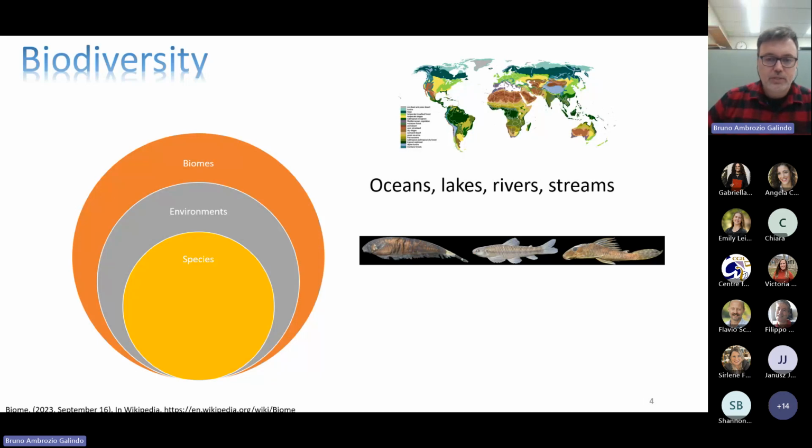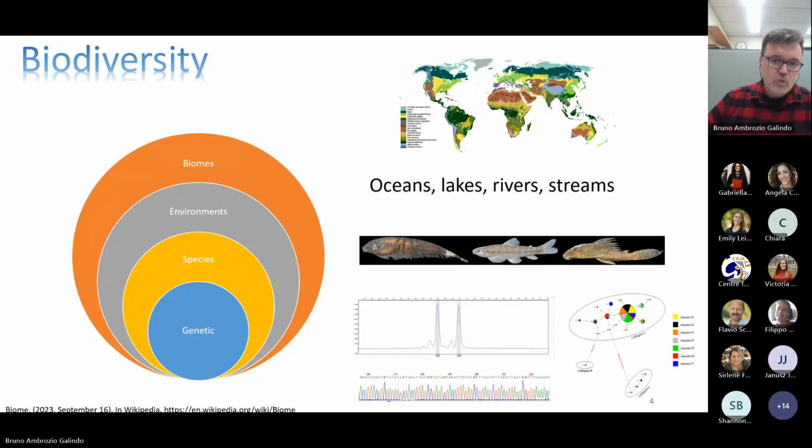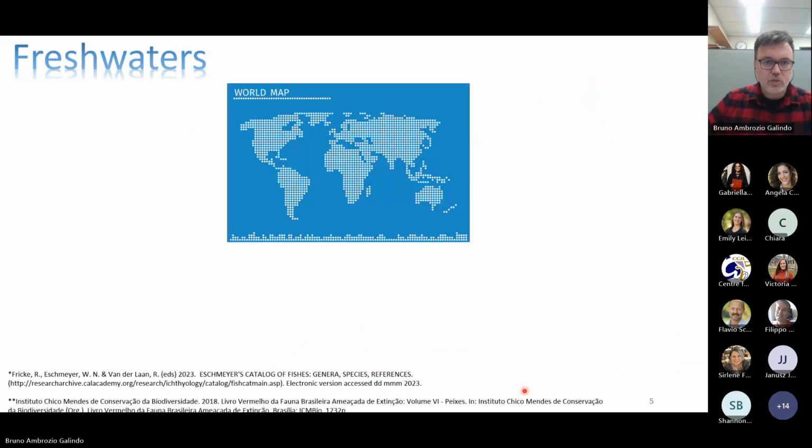Here I brought three species from our research. And within each species, we have different genetic composition. We are going to focus on this genetic level today, which we can assess with different molecular markers.